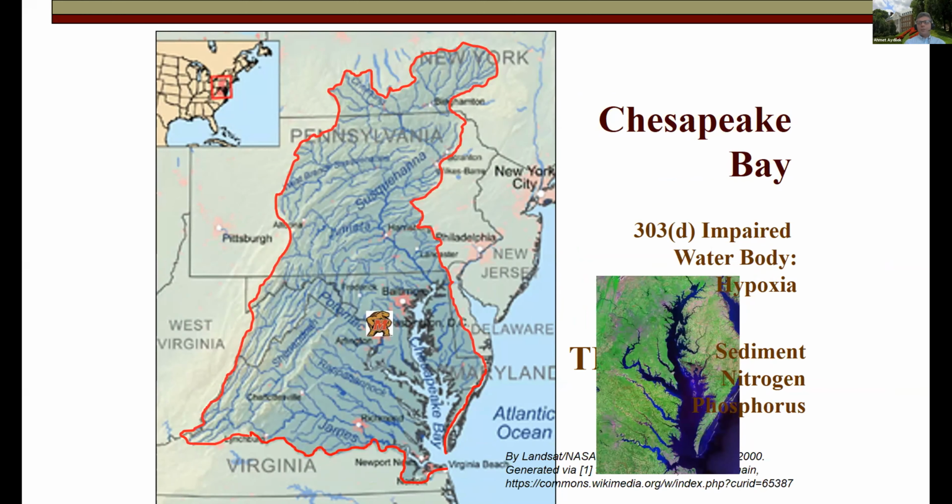Because of that, there is a lot of interest in the impaired water body, and the total contaminant loading into the Chesapeake Bay area has been of interest to several agencies.